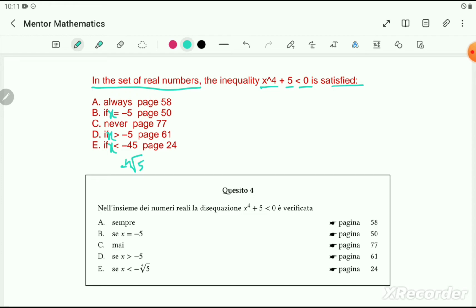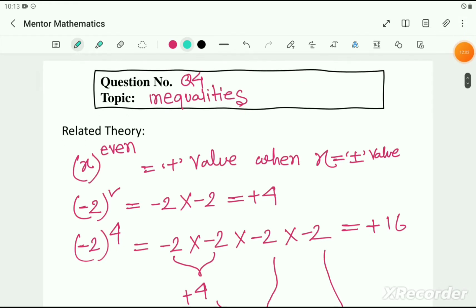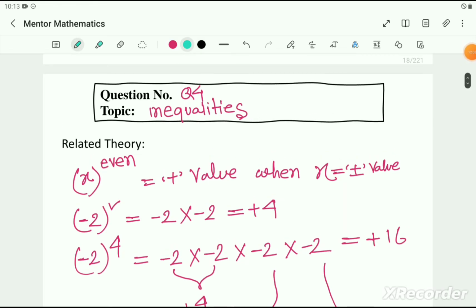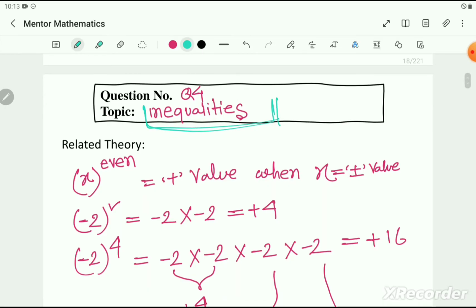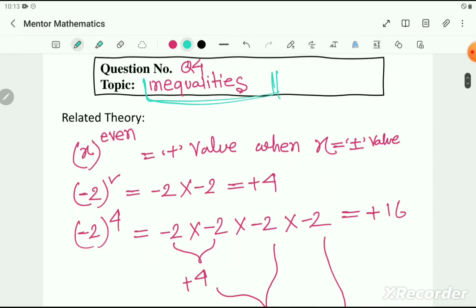Okay, so let's find out the answer. This particular problem is actually interesting and very easy to understand, and it comes from the chapter Inequalities. You can find it in your books. So let's study some basics.